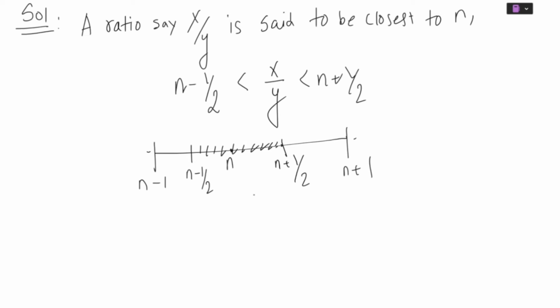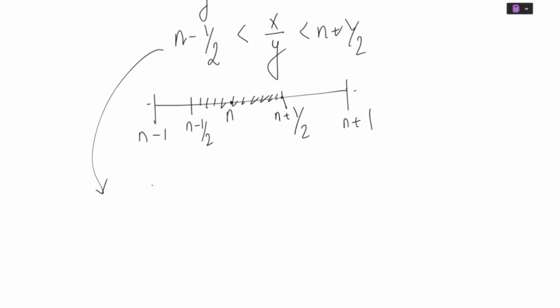Now, with that said, we can try and evaluate it mathematically. If you multiply by 2 and multiply by y, because those are positive numbers, you should simply get 2n minus 1 times y less than 2x less than y times 2n plus 1, correct?